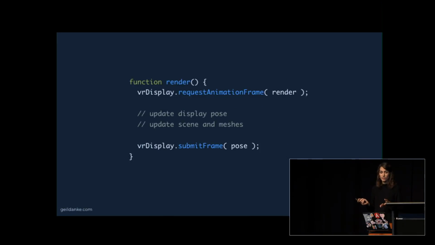With this information, we can update our cameras and scene and render it all to the canvas by using the submitFrame method. And this is basically all you have to know and to do to get our video playing and updating while the user changes her pose.